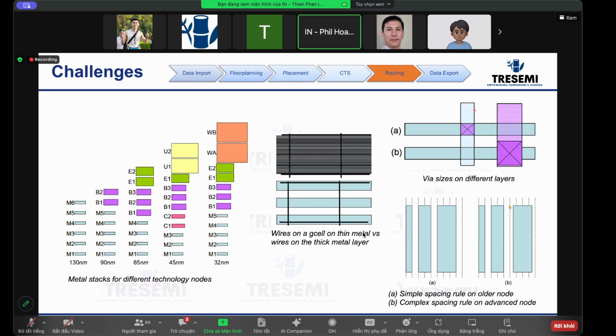He went to Vietnam and opened up a design center there in Saigon. He trained quite a few people there in 2005, and later on they became key members of IC design teams in different companies, including Synopsys, Renesas, you name it.